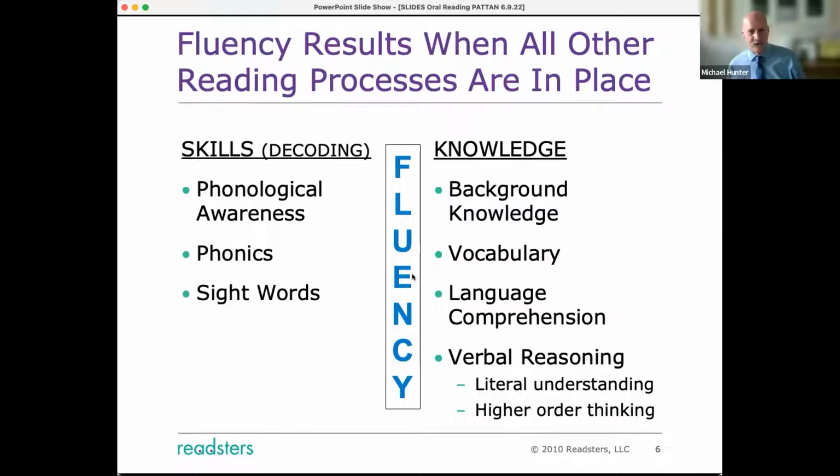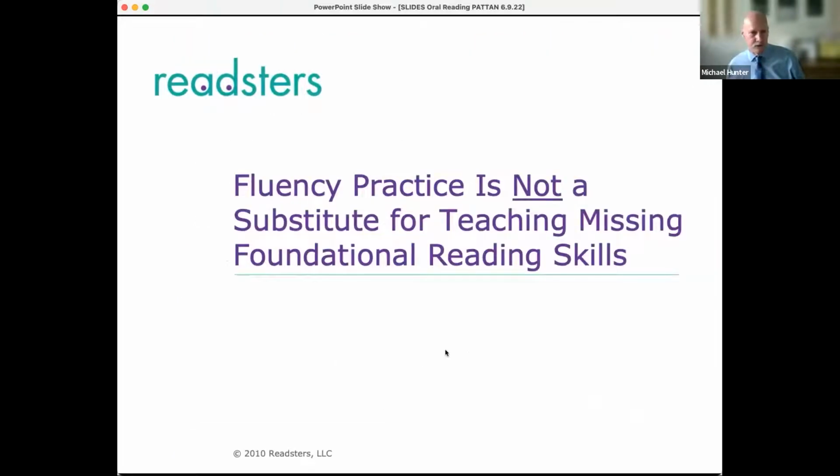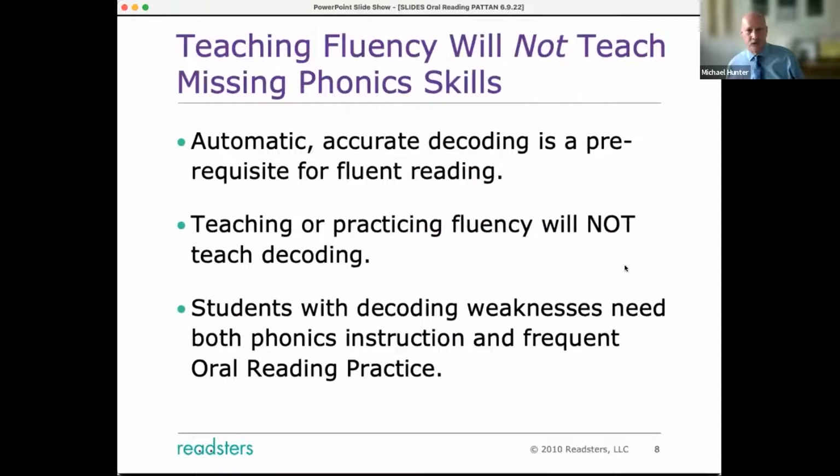And so if we see disfluency, we need to do some diagnostic assessment, and it might be on either the decoding side or the language side or both to figure out what's causing the disfluency. So fluency practice is not going to fix missing foundational skills.